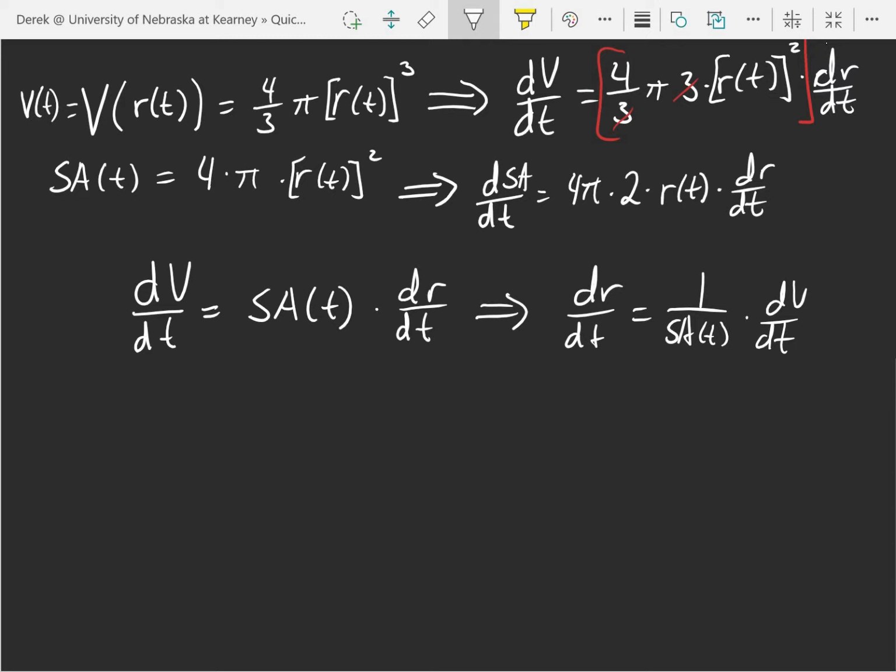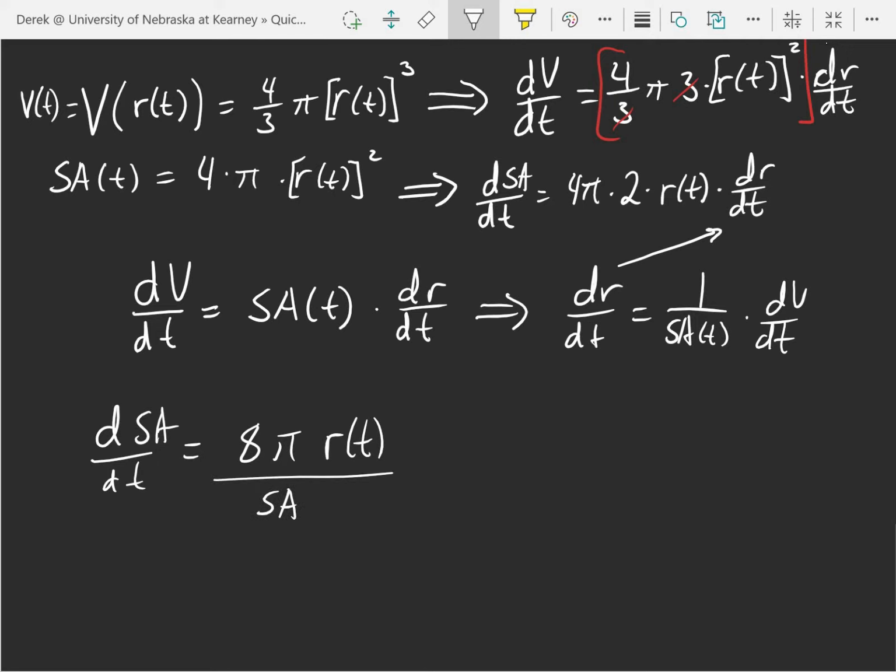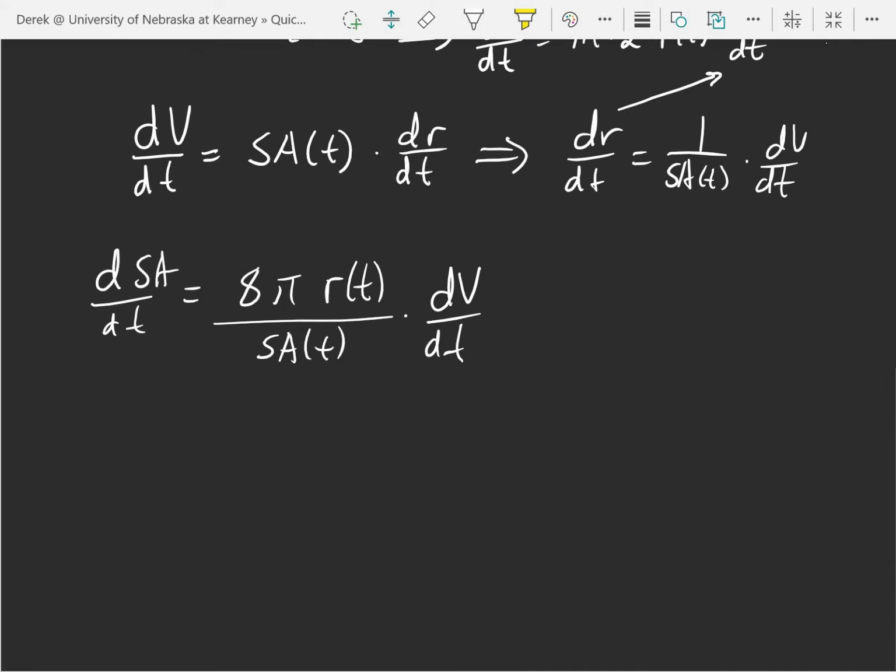Right? And now I can replace this into my surface area equation. So dSA dt is equal to 8 pi times the radius at a certain time divided by the surface area at a certain time times dV dt. Okay. Let's simplify that a little bit more and get it all in terms of radius.